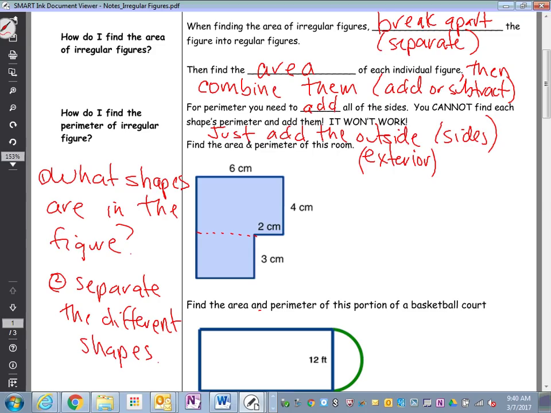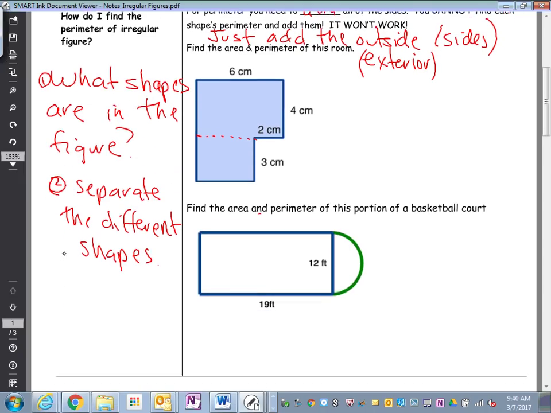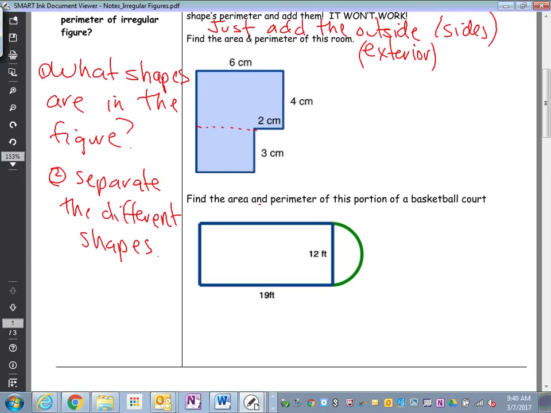And then that would fill in any missing sides. That's a good one. Fill in or find missing side lengths.